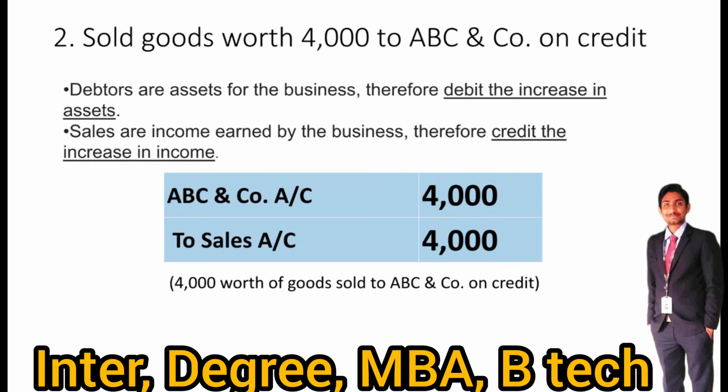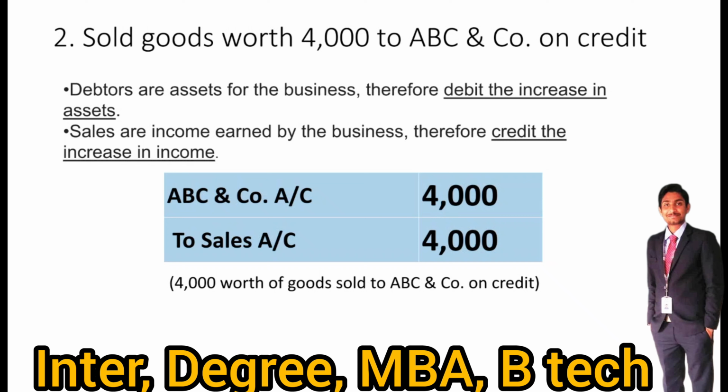And the second transaction: sold goods worth 4,000 rupees to ABC and Co on credit basis. The two aspects are sales and ABC and Co. We sold goods on credit basis, so ABC company will receive the goods.